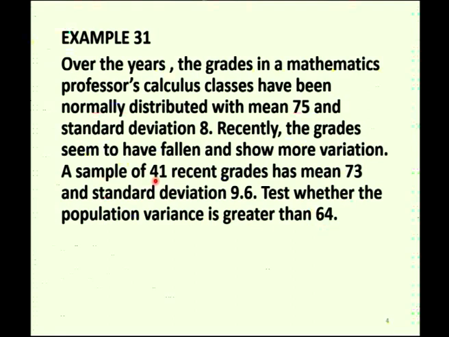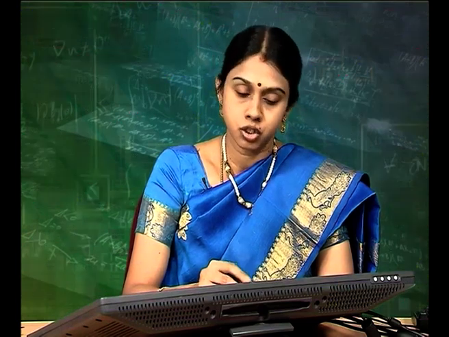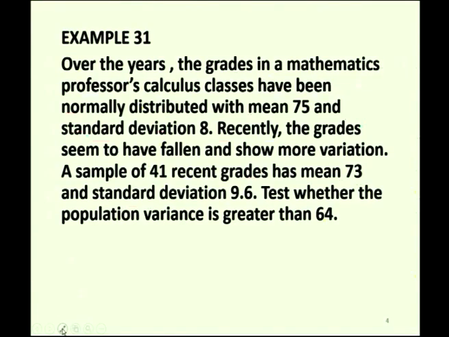Now, this particular sample size 41 is above 30, and therefore it comes under large sample test. Therefore, for the test of significance, the random sample has a normally distributed population, that is, it is following normal distribution. Okay, we will work out this problem taking all the values.